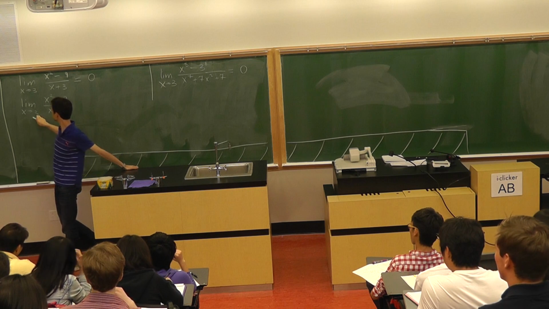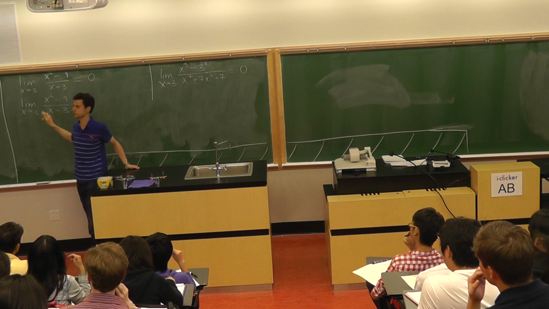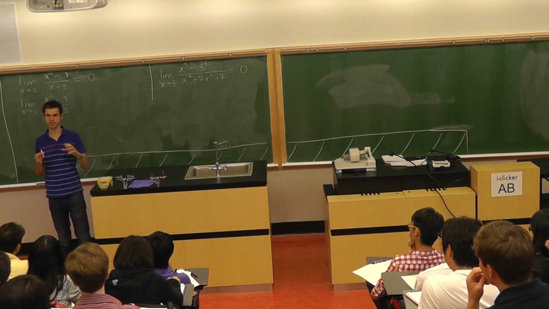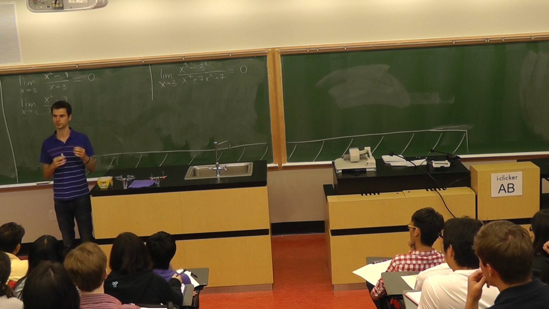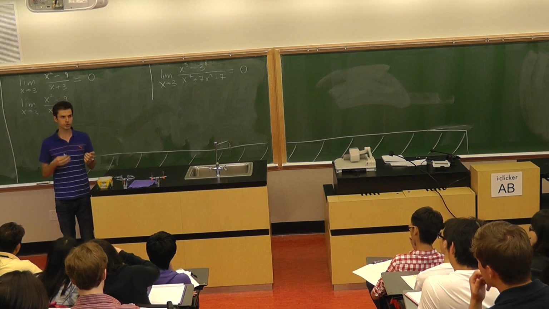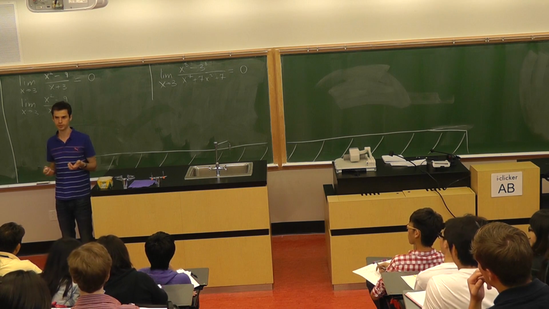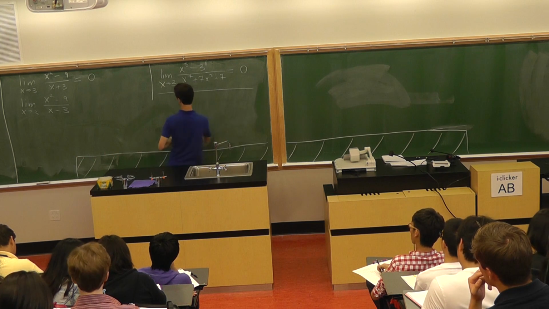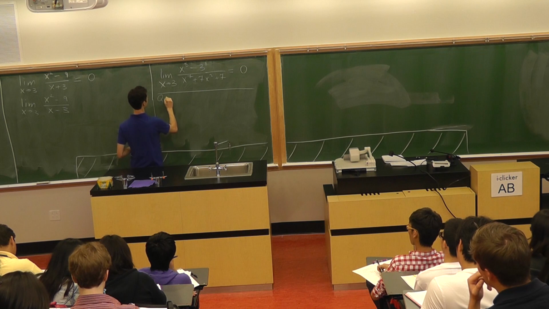So when x is close to 3, the numerator is close to 0, and the denominator is close to 0. So we are dividing a small number by another small number, and we do not know what the quotient of two small numbers is.